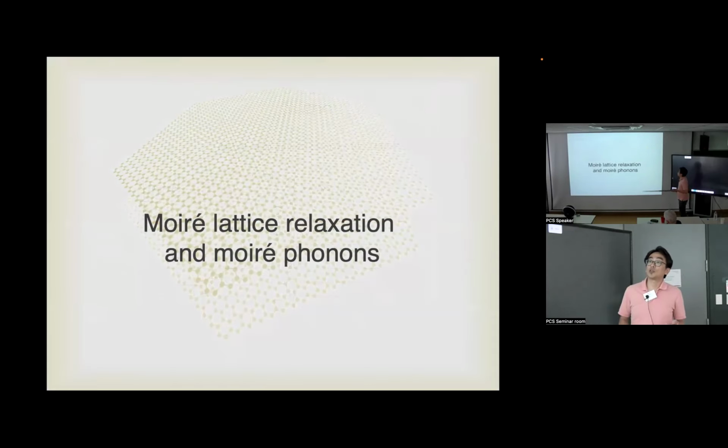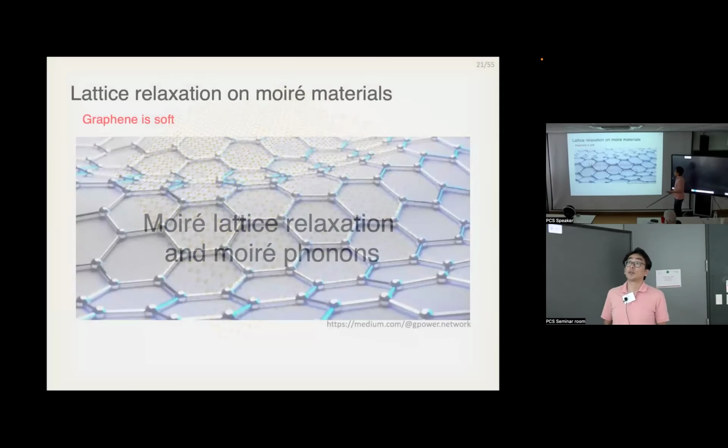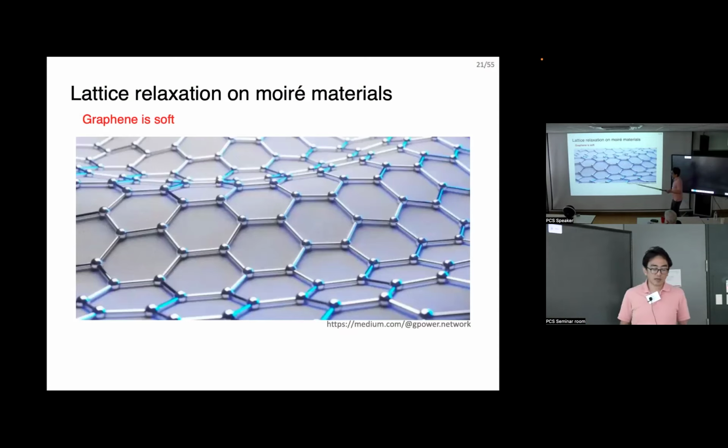Now this is the second topic, so I changed the topic: lattice relaxation. This is actually very important. The lecture has an elegant band structure. It's graphene. Many calculations are done by assuming a rigid honeycomb lattice. For example, twisted bilayer, they consider the twisted stack of a perfect honeycomb.